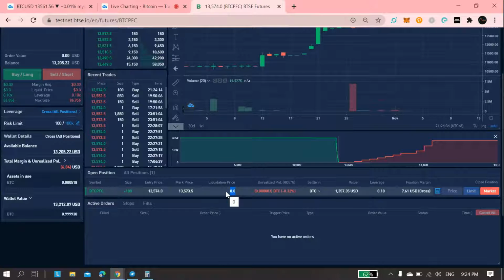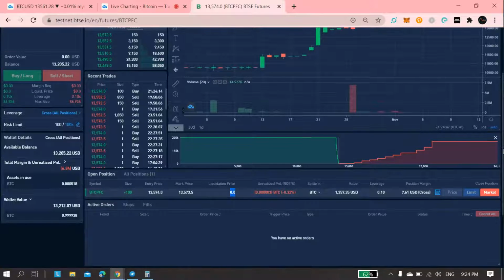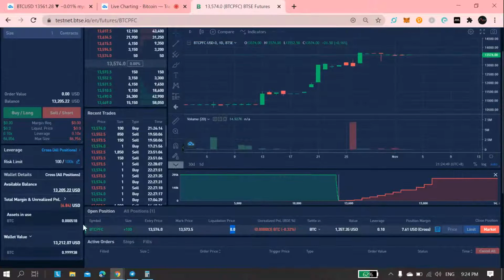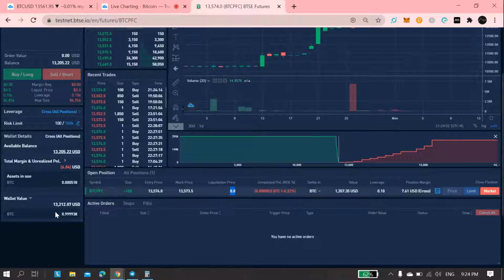I don't like it to have a value, because trading in very tight liquidation or close to liquidation is very dangerous for me. I think most traders feel the same. Because I'm also protecting, as I've said, my capital, which for this example is the 1 BTC.